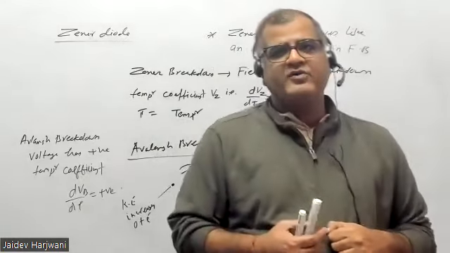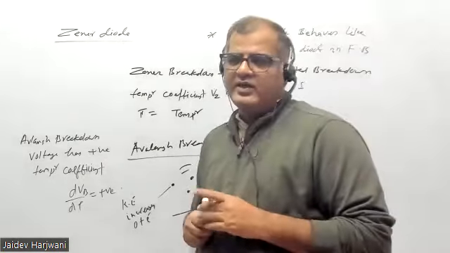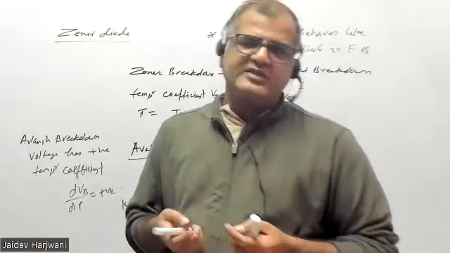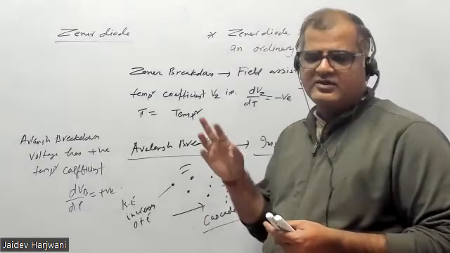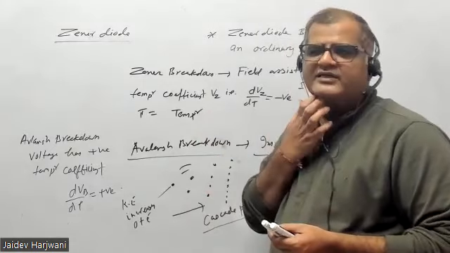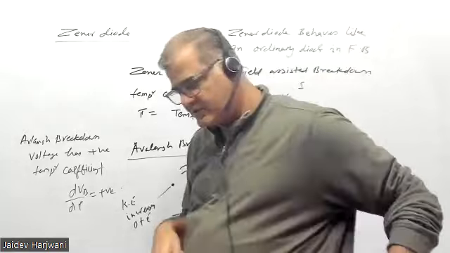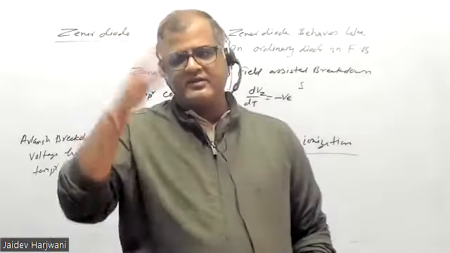Why does it happen? Because when you are increasing the temperature, you know what happens with the electron. The random motion will increase, or rather the silicon atoms inside the crystal, when you supply temperature to this silicon, start vibrating.